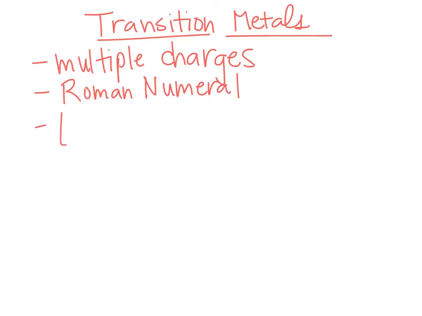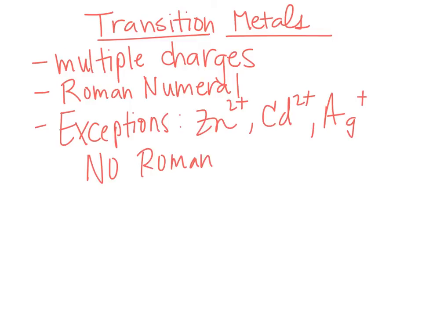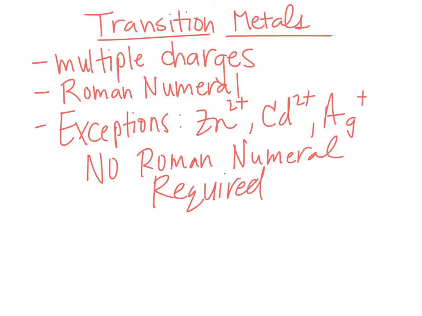But there are 3 exceptions, and these 3 exceptions do need to be memorized, okay? They are zinc. Zinc is always +2. Cadmium is always +2. And silver is always +1. So for these 3 exceptions, no Roman numeral required. Once again, these need to be memorized.